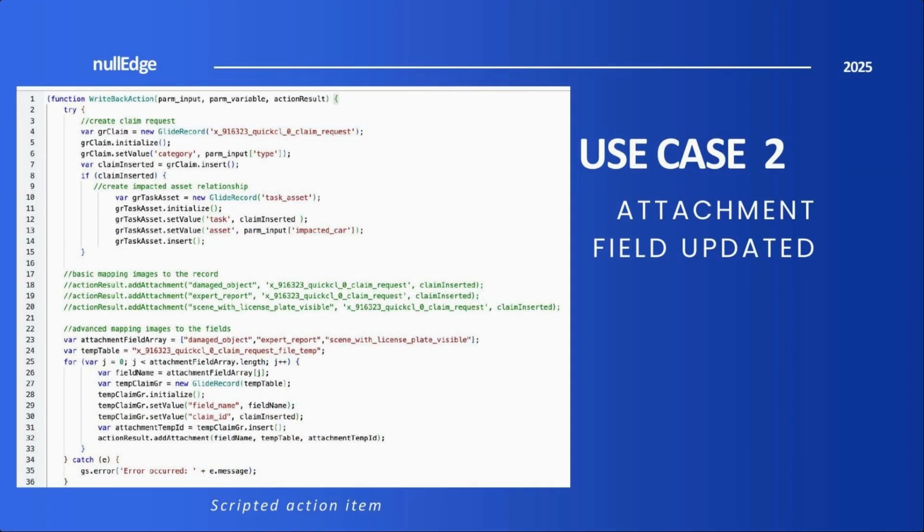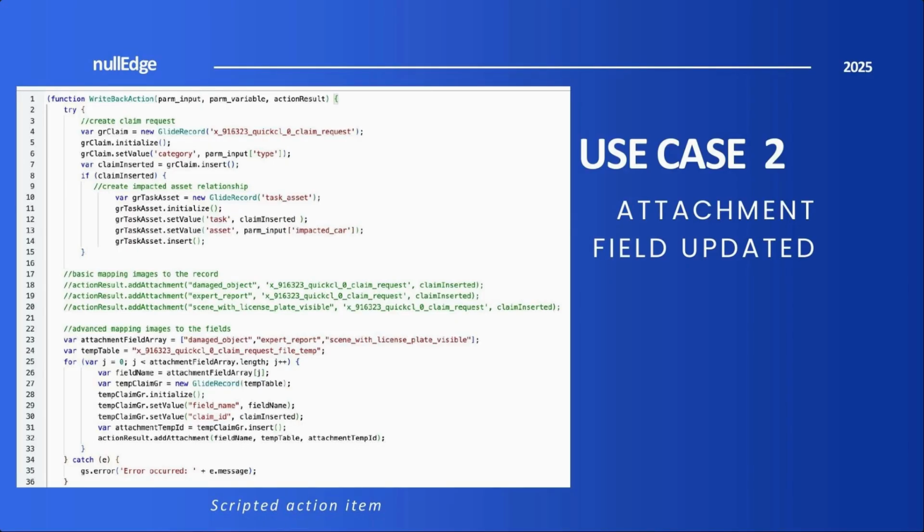Okay, in mobile app development, note that each time you are using an input form screen, when you want to automate saving the information of the input form screen, you can use a scripted action item. The syntax used in a scripted action item to bring the attachment in the back office is on line 32.